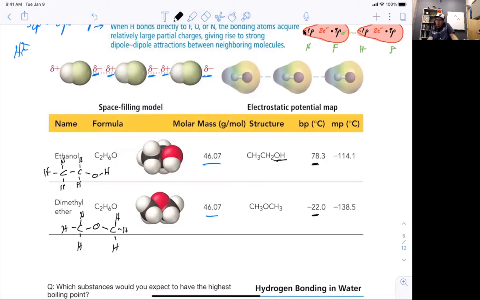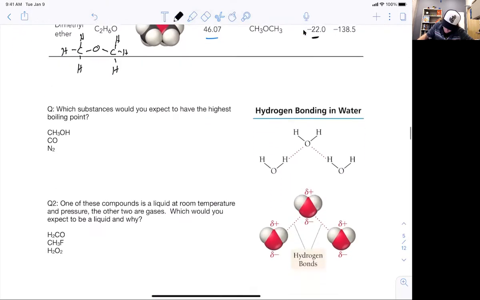But ethanol, same molar weight, same size. The only difference is that there's an H on an O, and that means two different neighboring ethanol molecules can get really close to each other and participate in this hydrogen bonding. It's just a liquid, and it's boiling at 78, which is 20 degrees lower than water. But it's a liquid. It's going to hang around for a while.